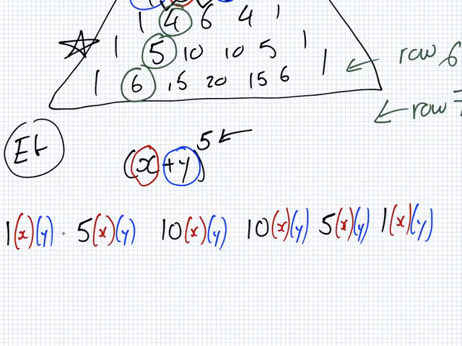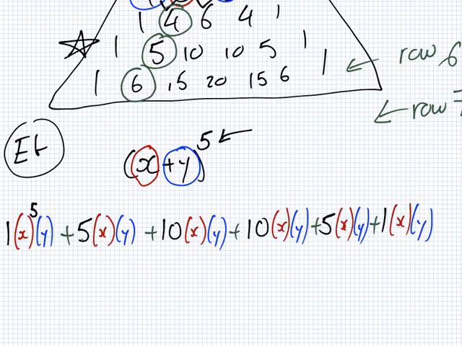Next, add the terms together. And finally, we have to put in the powers. Now, it's power 5. We have a choice. We can put the 5 on the x or the y. It doesn't matter. So I'll just put it on the x.